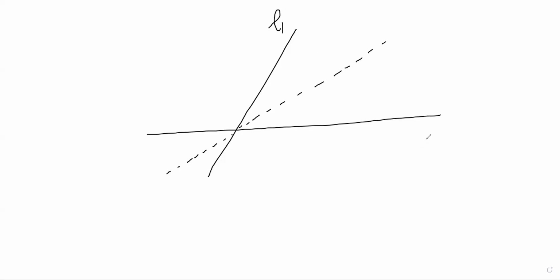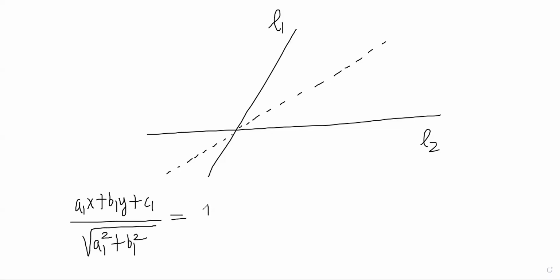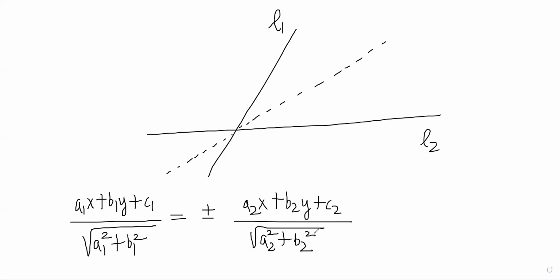If you have line equations like this and you have written the bisector equations like this, a1x plus b1y plus c1 by root over a1 square plus b1 square is equal to plus minus a2x plus b2y plus c2 by root over a2 square plus b2 square.